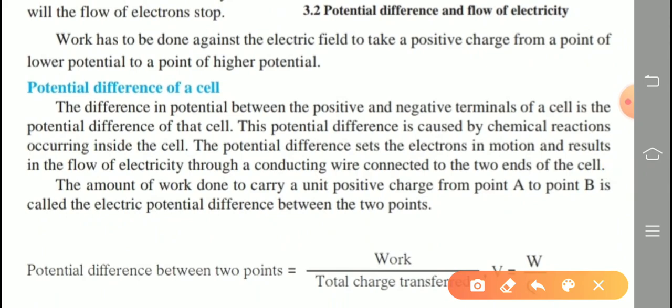We are making the correction like this. The amount of work done to carry a unit positive charge from higher potential to lower potential is called the electric potential difference between the two ends. That is the one more definition given for us here.